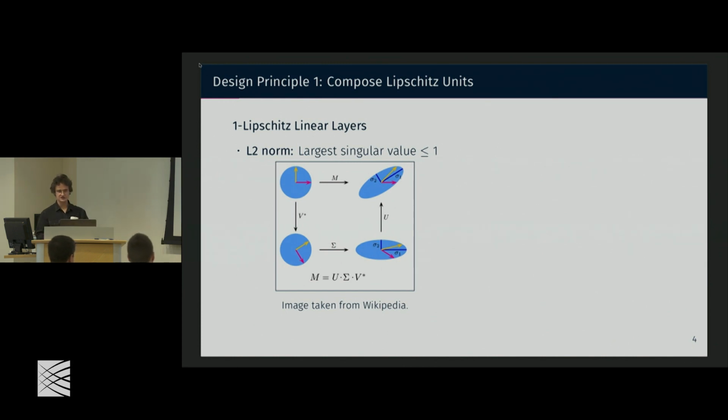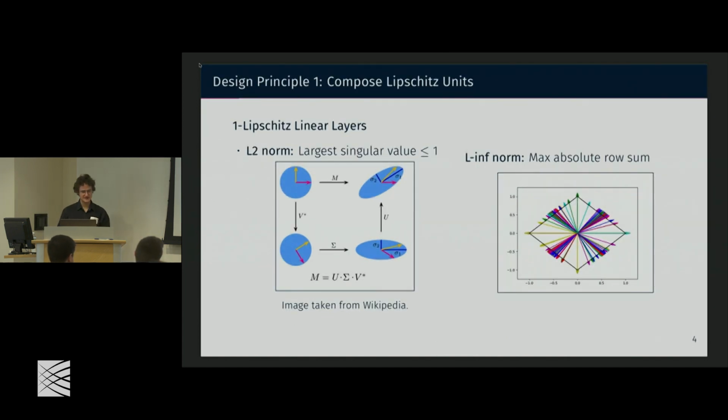If you're operating in the Euclidean norm, the L2 norm, it basically says the weight matrix of the linear layer is not allowed to expand the vector it's operating on in size. It is allowed to shrink it, rotate it, or flip it, but it cannot expand it. In the L infinity norm, the geometric intuition is that if you take the rows of the weight matrix and plot them, they should all lie in a multidimensional diamond-shaped region.